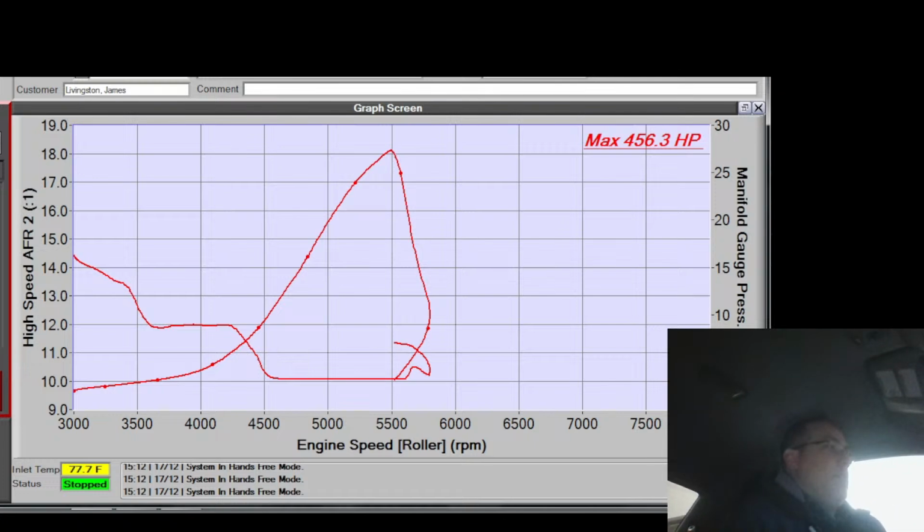So the biggest thing is that you want as little AFR transient during the event, because all tip-in is doing is compensating for wall wetting and sensor lag.